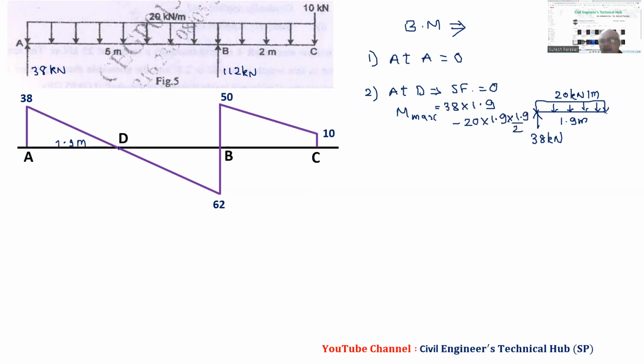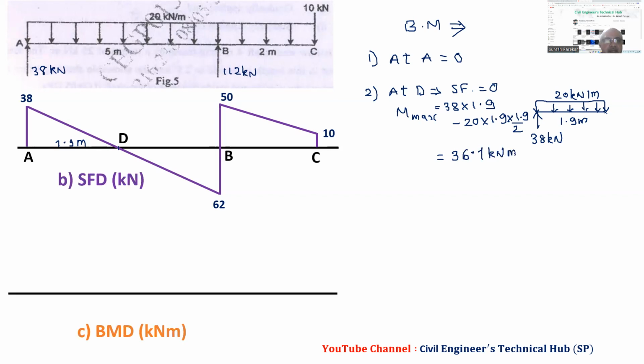Calculating this value, we have 38 into 1.9 minus 20 into 1.9 square by 2, equal to 36.1 kilonewton meters. Now we will plot this till point D.